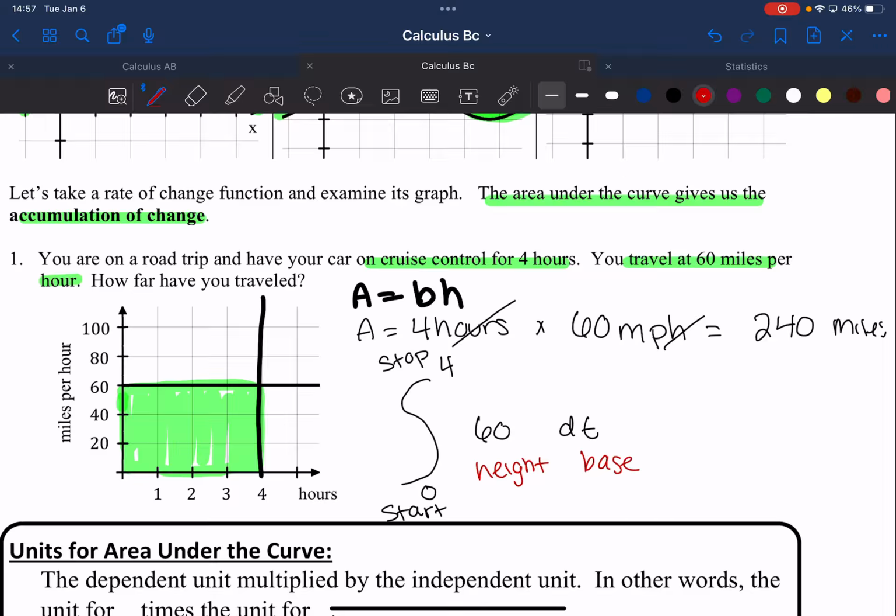Okay. So if I was to take the integral of this, ultimately it becomes 60 times 4. Okay, it doesn't make too much sense when it's an easy problem like this. Trust me, we'll get into harder problems. But it's just to show you that when we're dealing with integration, we are finding the area.